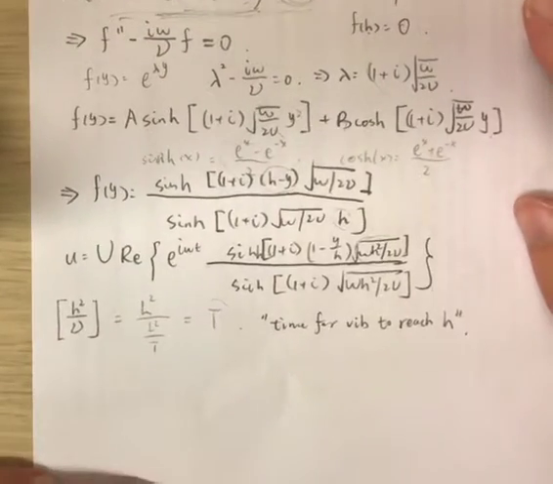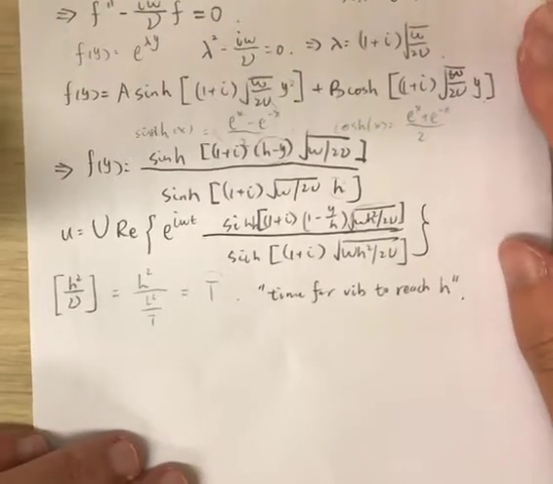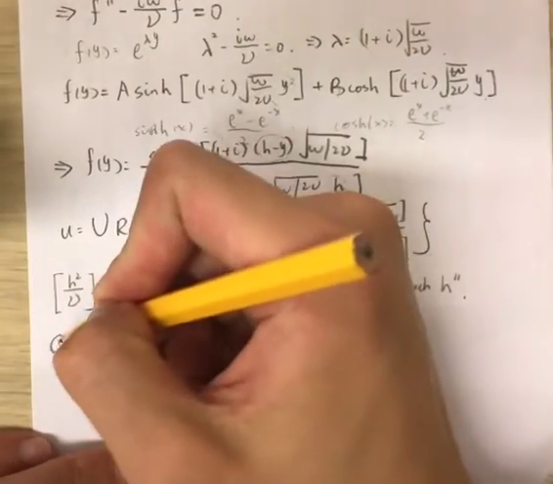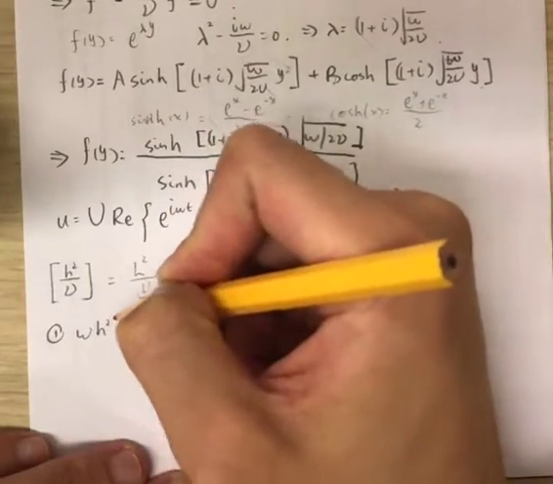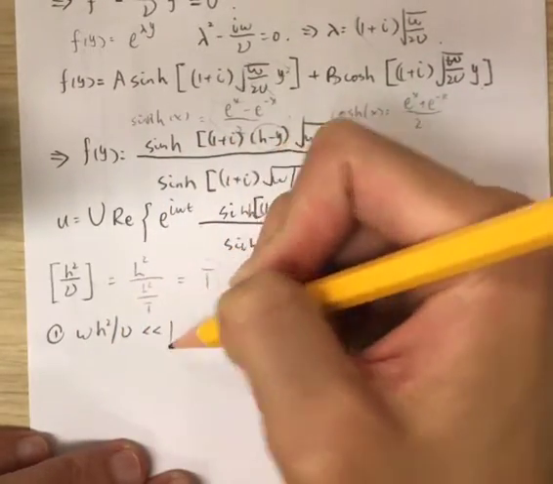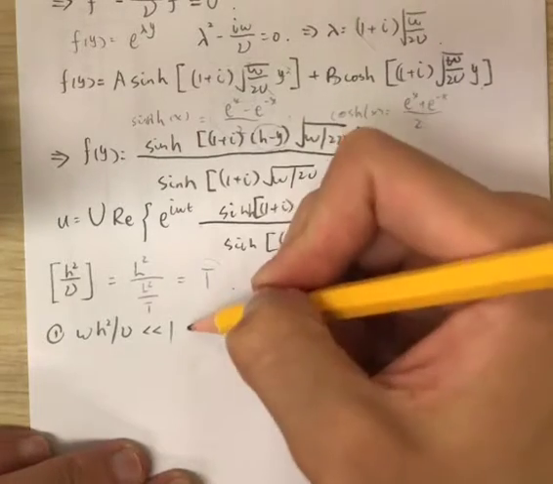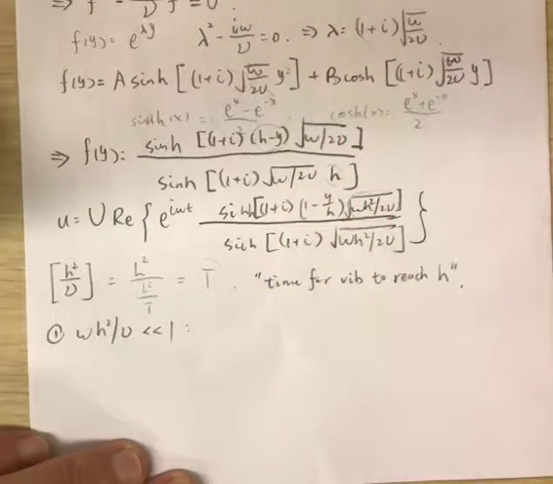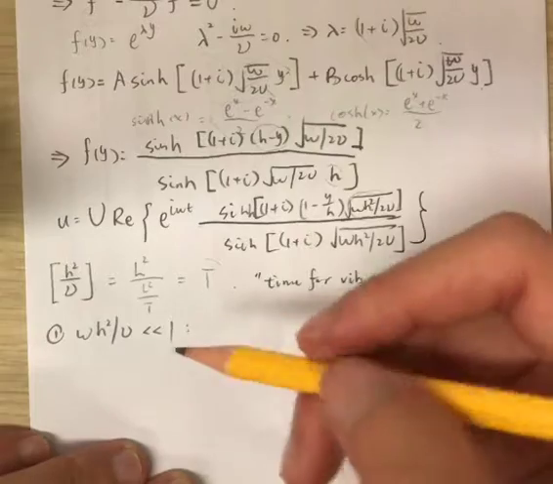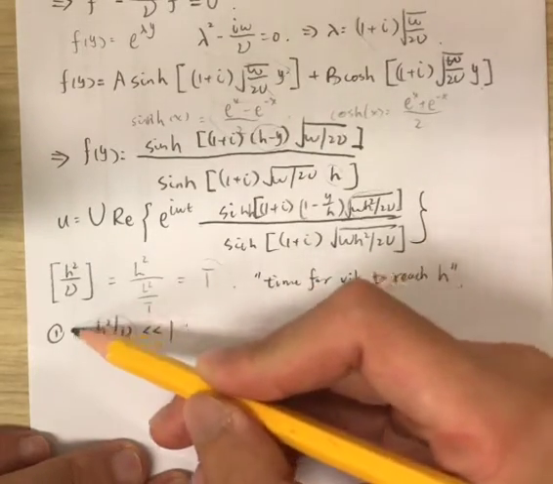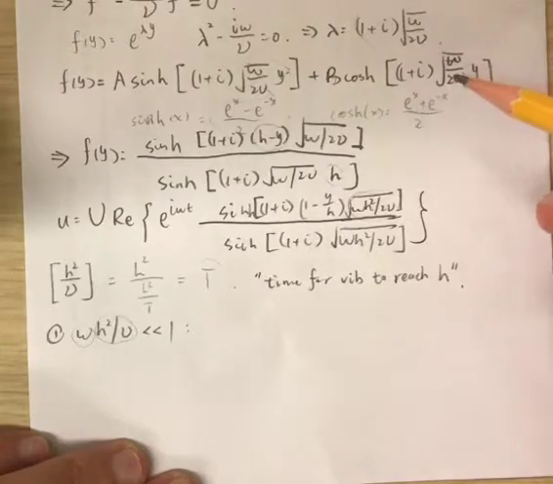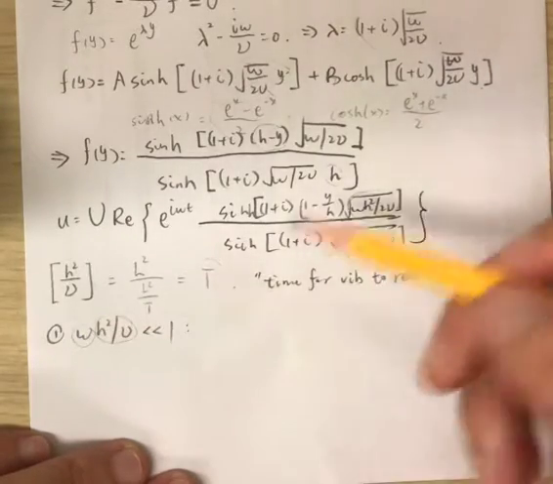Okay, so now let's consider two extremes. First is when omega h squared over nu is very, very much smaller than 1. What does this mean? This basically is the relation between this time and this frequency, right? Omega is the frequency of the vibration.